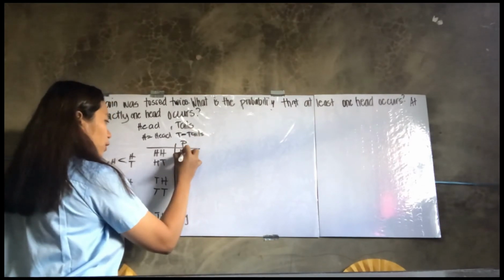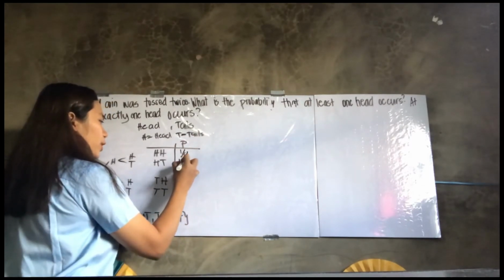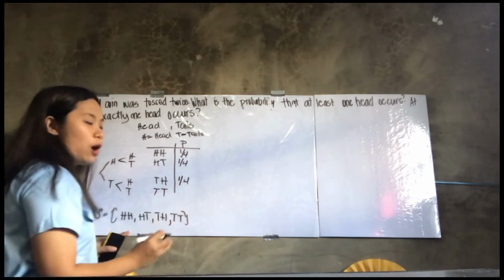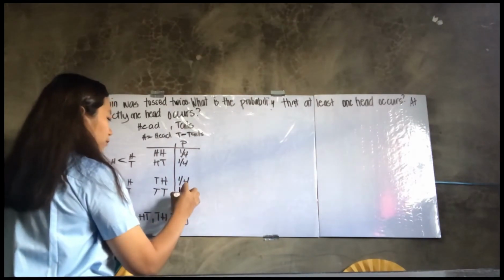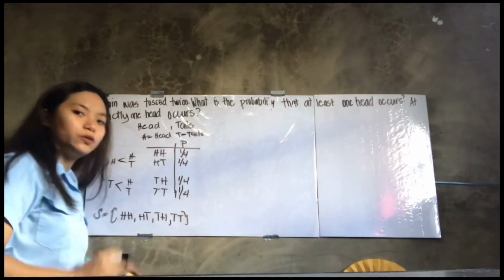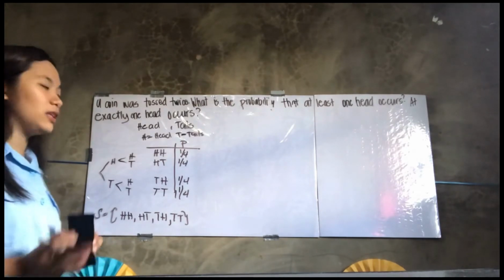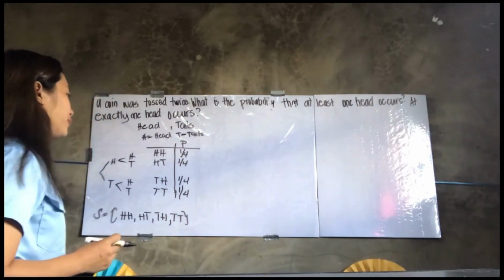So, 1/4 sa HH, 1/4 HT, 1/4 TH, and also at TT, we have 1/4. A total of 4/4 or equals to 1. Now, let's proceed to the next step.